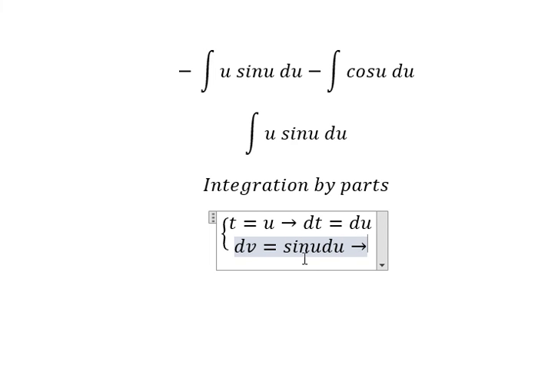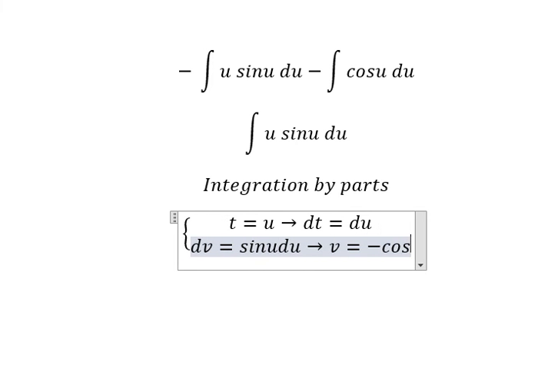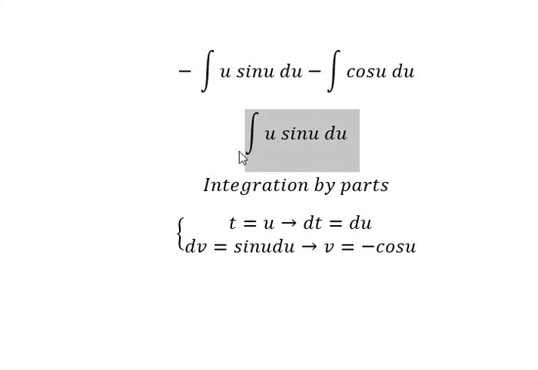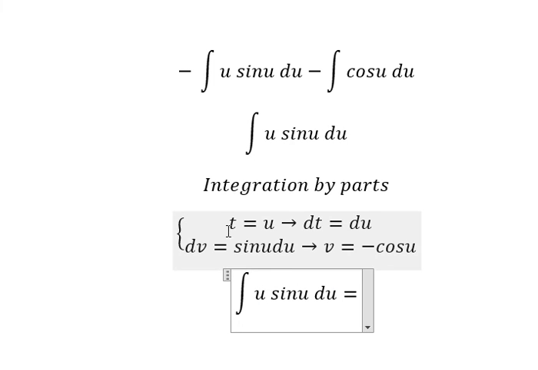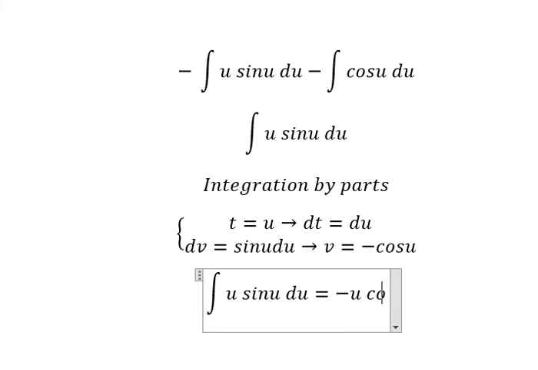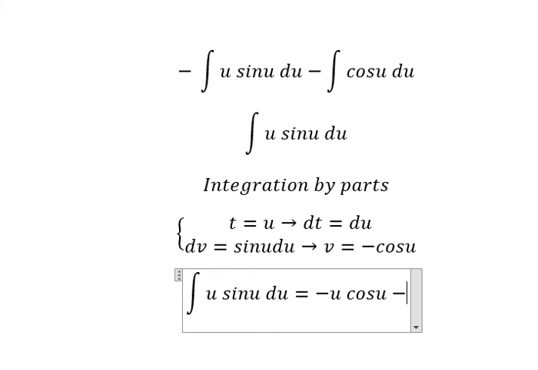So the integration of this one, we have v equal to negative cosine u. So we have t multiplied by v minus dt multiplied by v. So negative and negative, we have positive.